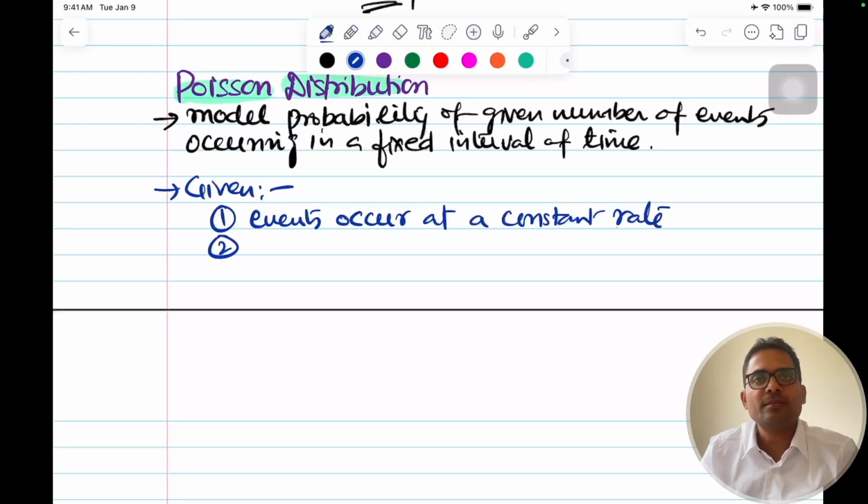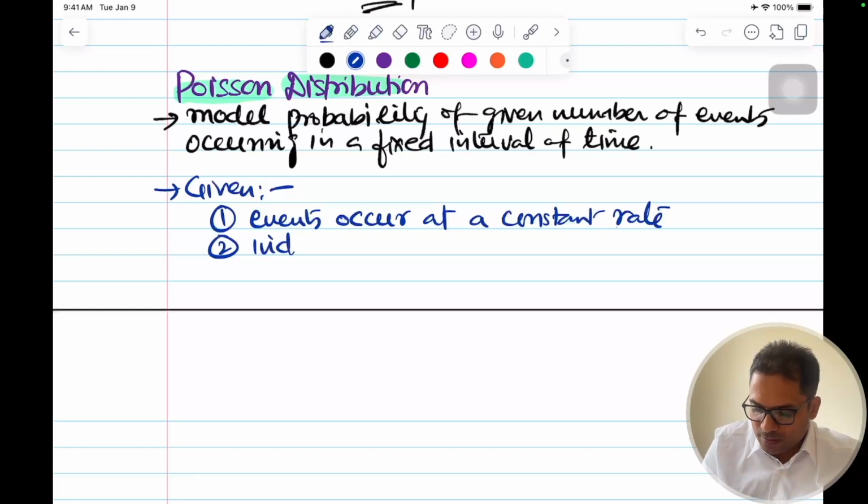These are the assumptions. The second one is that the next event is independent of the last event. The occurrence of the next event is independent of the time since the last event.